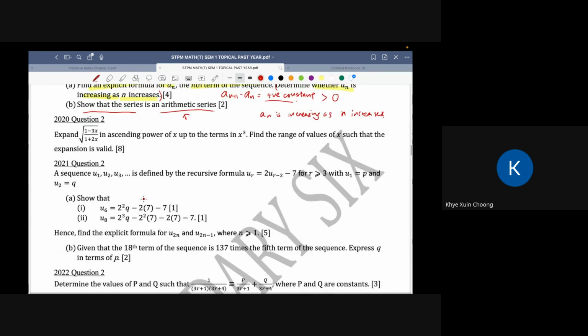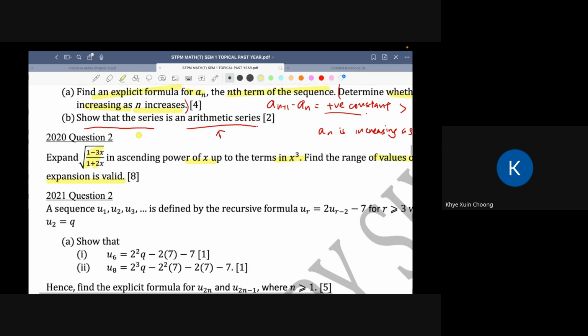So we check 2020. Expand this in ascending powers of x up to the term in x cubed. Find the range of values of x such that the expansion is valid. Okay, so for this question, we also need to know how to do it. You see, all the previous questions were series questions, right? Until 2020, it came up with a question on binomial expansion.